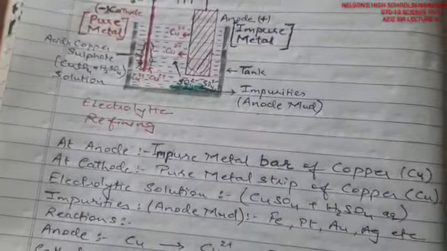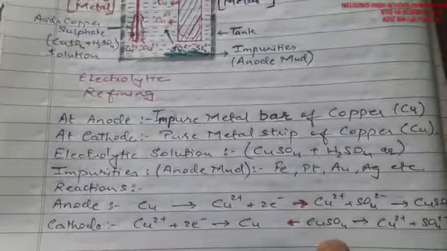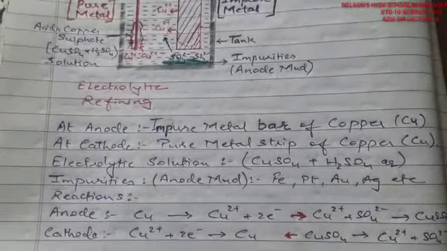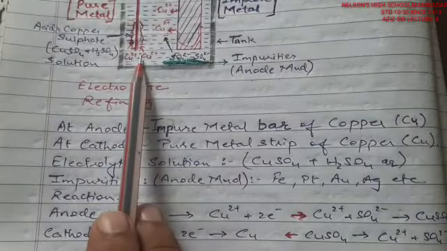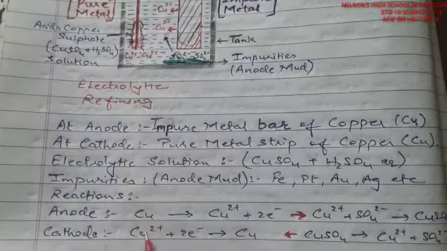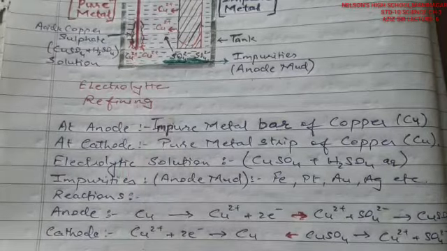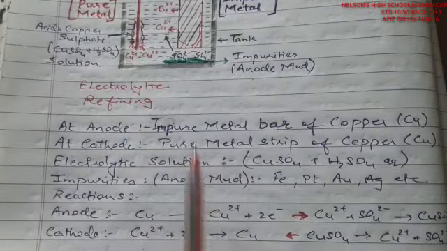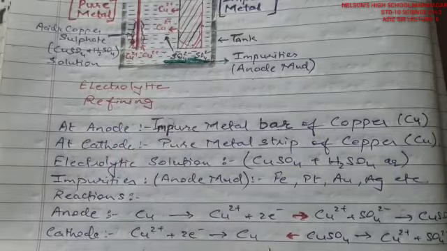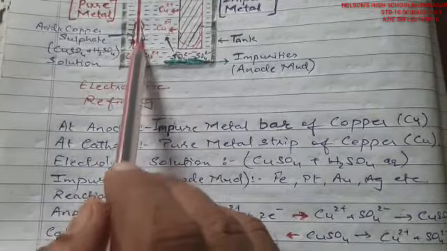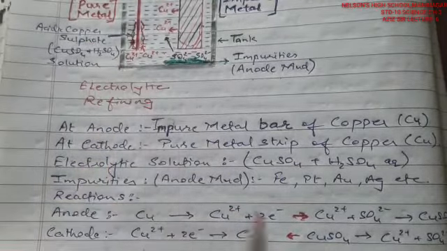Now at the cathode, 2 electrons are taken from the solution. The Cu2+ ion goes to the cathode, takes 2 electrons and turns to copper, which gets accumulated here, as shown in the diagram.